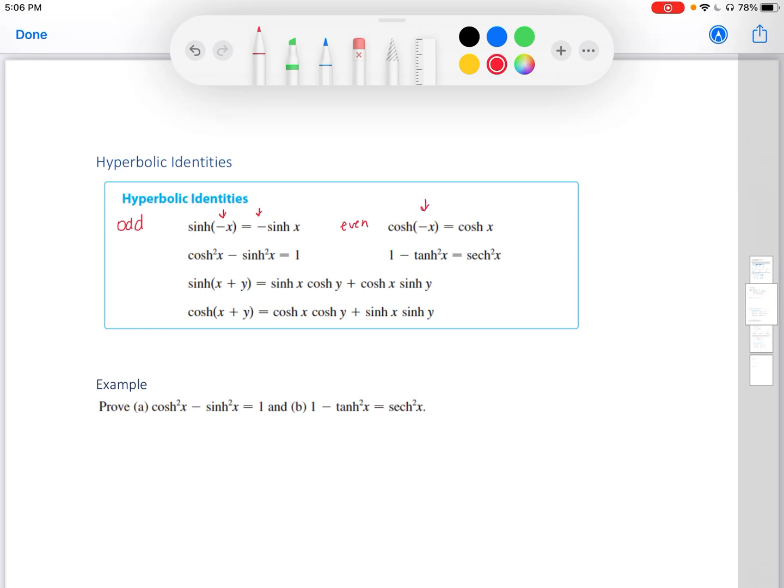So if our argument is negative, it works out to be positive. We also have our Pythagorean identities, which we see here. Recall them from when we worked with all those proofs back in pre-calc. And we also have our difference and sum formulas for sine and cosine, but now we have them for hyperbolic cosine and sine.